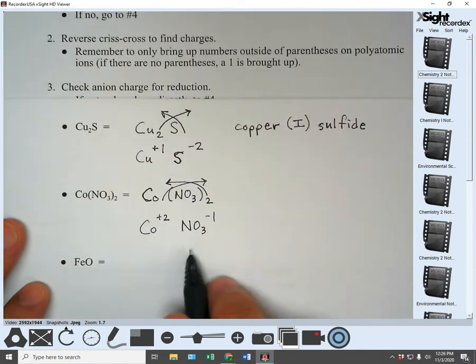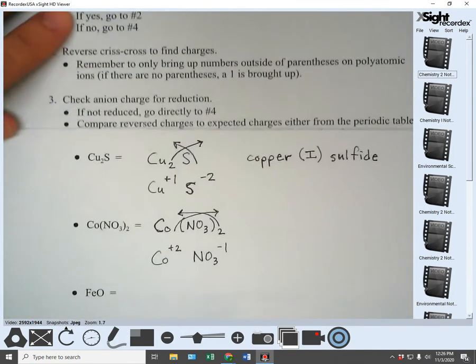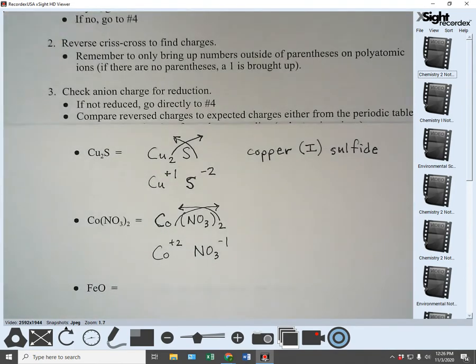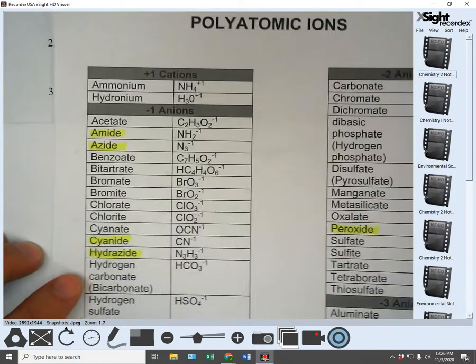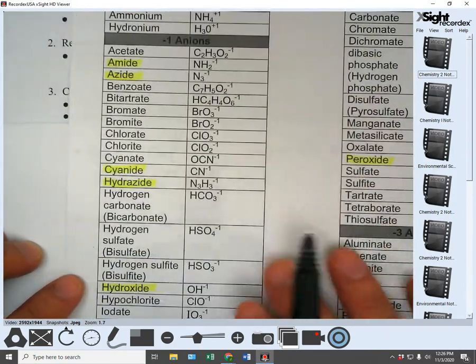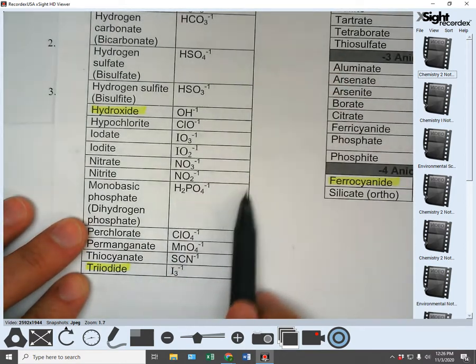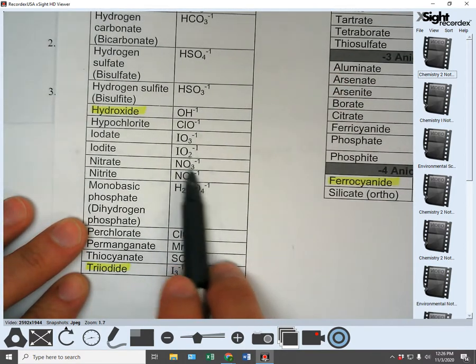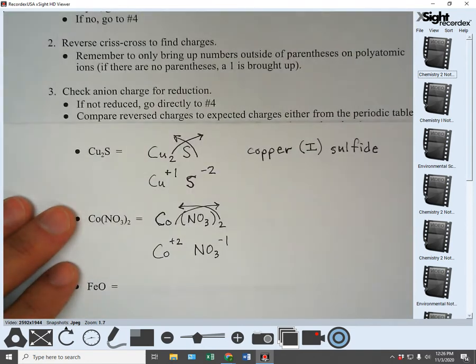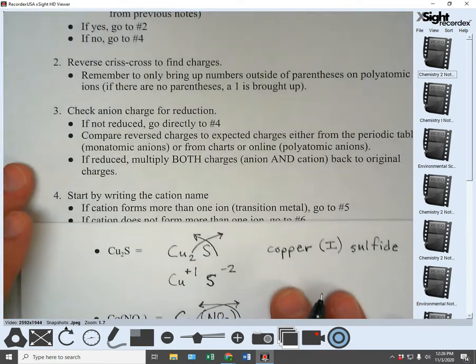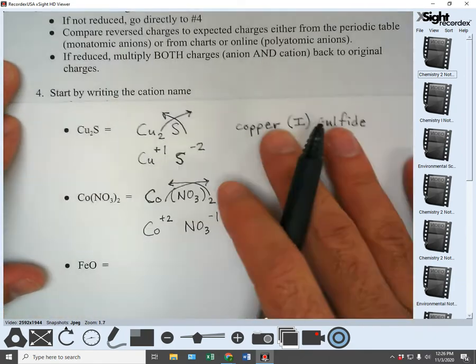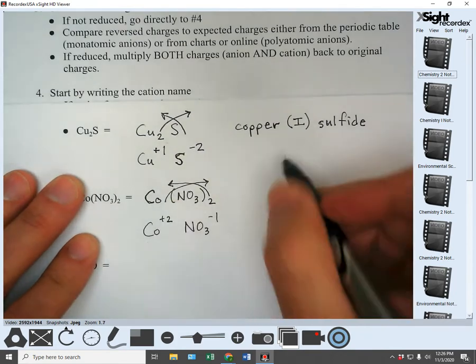Okay. Now, check the anion charge for reduction. So NO3, -1. We've got to look at our polyatomic sheet. So we find NO3 on here, see if it's a -1. Here we go. NO3 is a -1. So it was not reduced because it's the same. We have the same thing here as we do on the polyatomic sheet. Okay, so start by writing the cation name. The cation is cobalt.